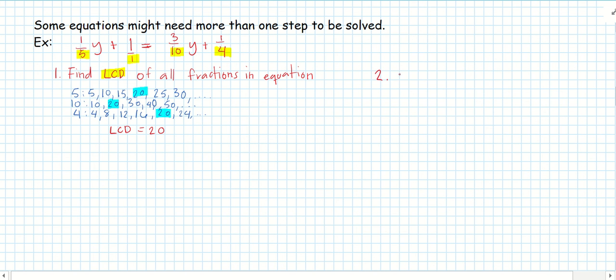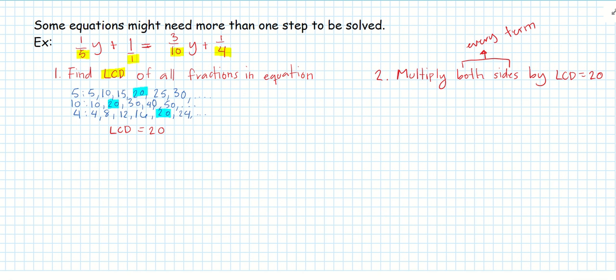Second step is to multiply both sides of the equation by the LCD. What that means is that we're going to multiply every single term. So every term is going to be multiplied by 20.